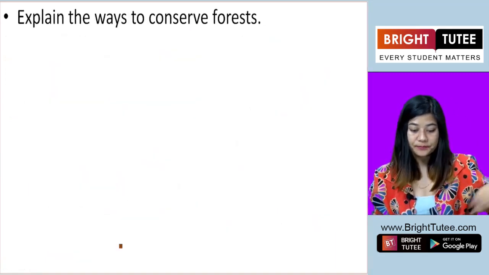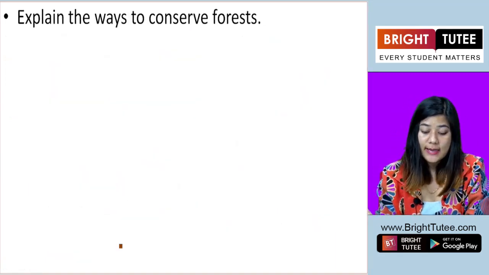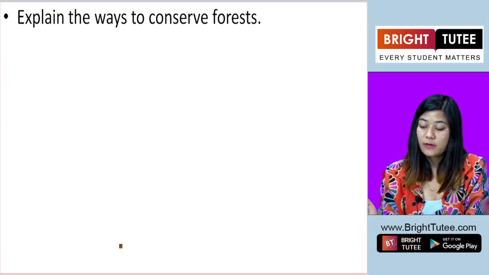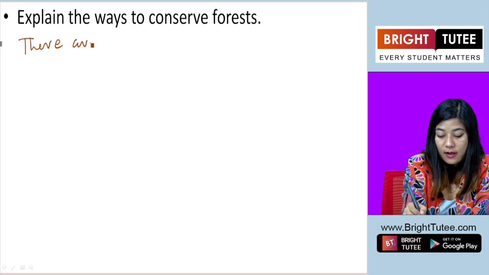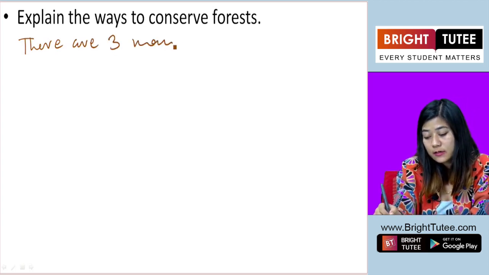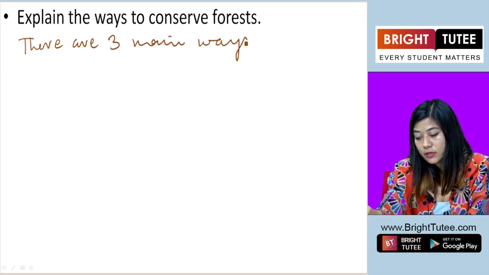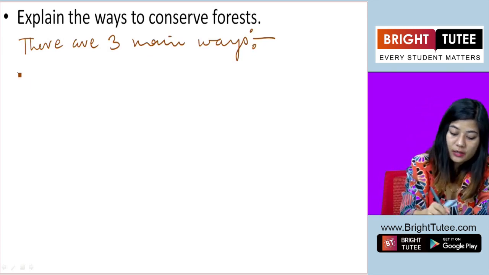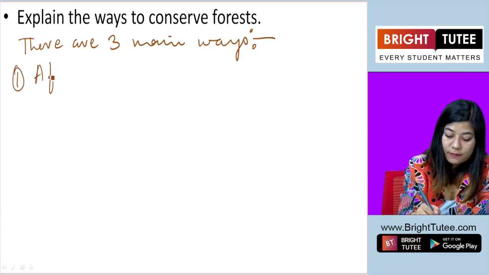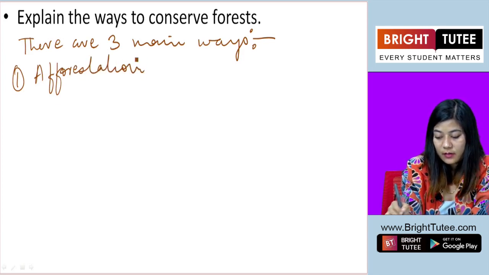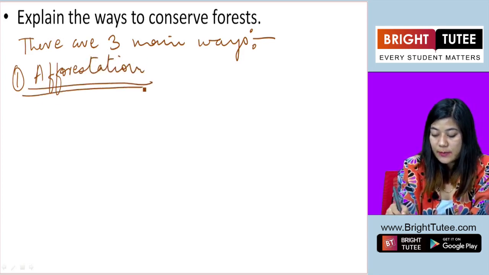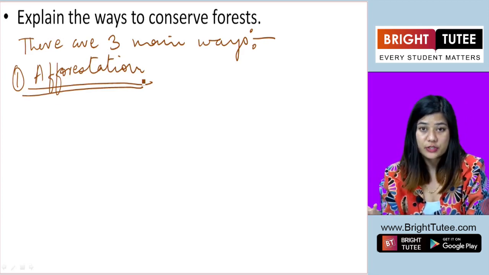The next question. Explain the ways to conserve forests. There are 3 main ways to conserve the forests. One is afforestation, and it is the process by which we plant more trees.